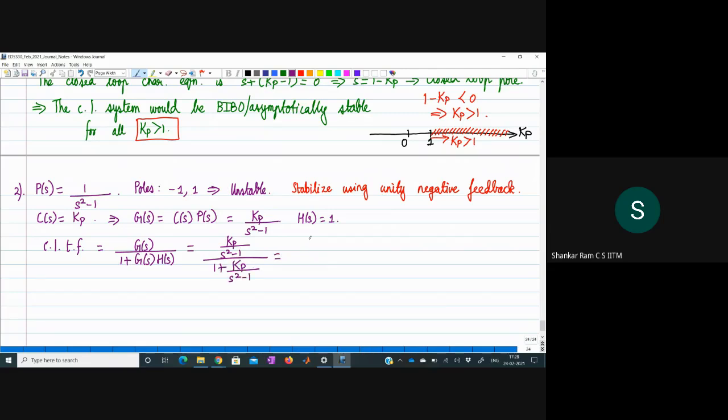If you take the LCM in the denominator, we will have Kp by s squared minus 1, and then s squared plus Kp minus 1 divided by s squared minus 1, right? So the s squared minus 1 will cancel off. So what are we left with? We will be left with Kp divided by s squared plus Kp minus 1.